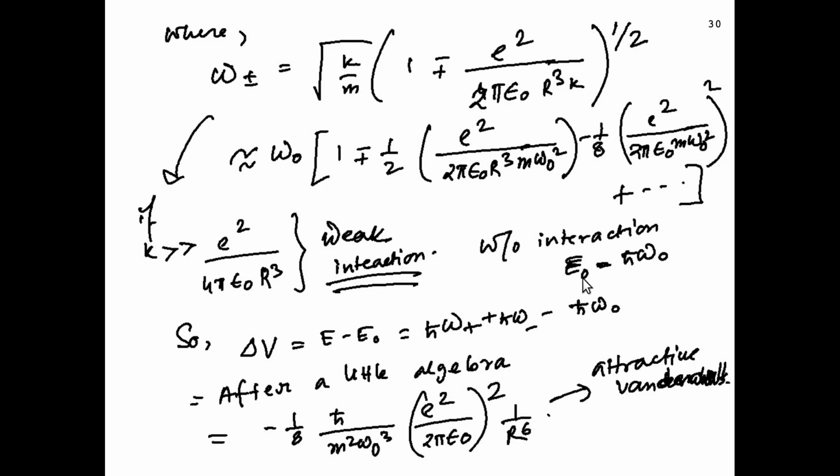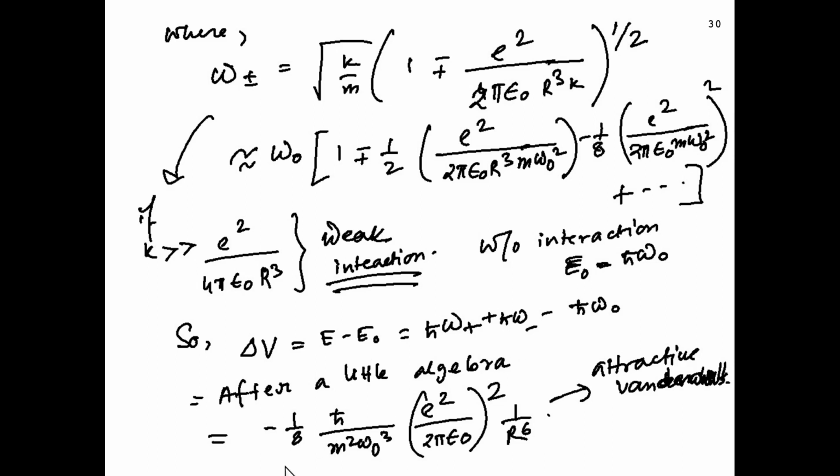So what is the total energy of the system in the absence of this interaction? It is just h omega naught, and that is the effective potential or effective correction of the problem in the energy when you switch on this weak interaction. So it is E minus E naught, that is the correction.